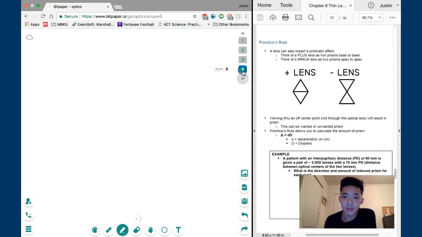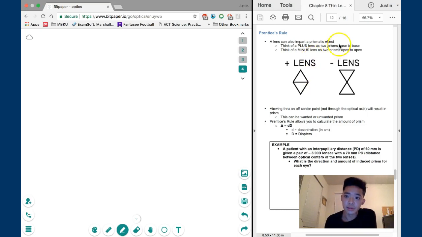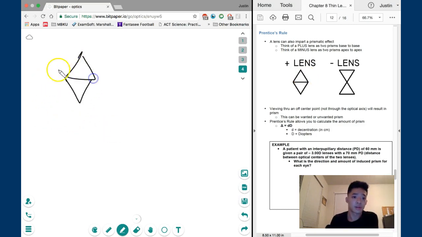Last thing is Prentice's rule. This is kind of like how glasses work too, where a plus lens can be thought of as two prisms base to base. So you have this, and that essentially will act like this, right?